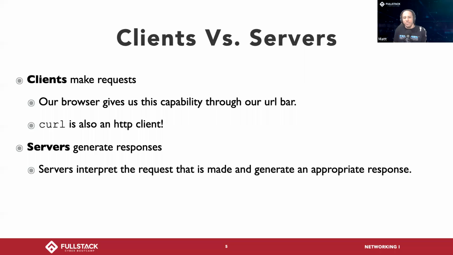And what they do here is they interpret the request, and based on that request, they try and generate an appropriate response to you. Now I say try and generate an appropriate response, and there's software engineers who are paid to write code for servers to generate appropriate responses. But sometimes servers don't necessarily generate appropriate responses, right? Sometimes you can send a request and things might not come out right.